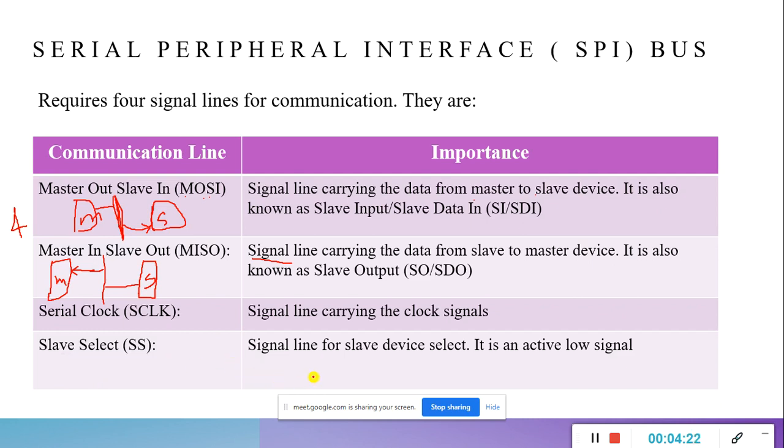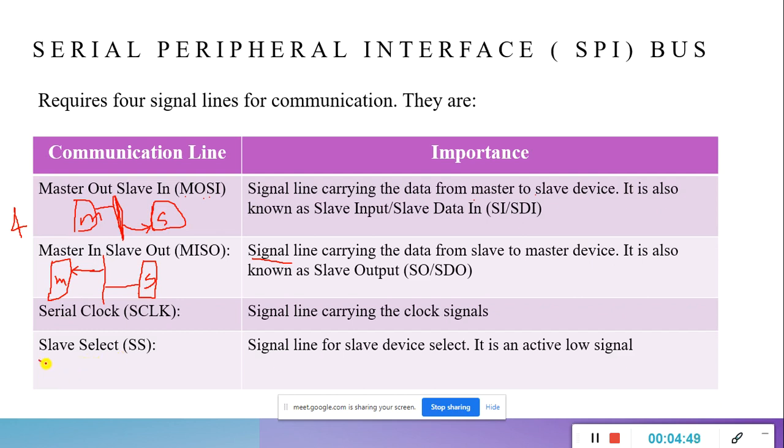If there are multiple slaves, in case of the I2C bus the slave gets selected based upon the address. If the address matches the address sent by the master, the corresponding slave gets selected.